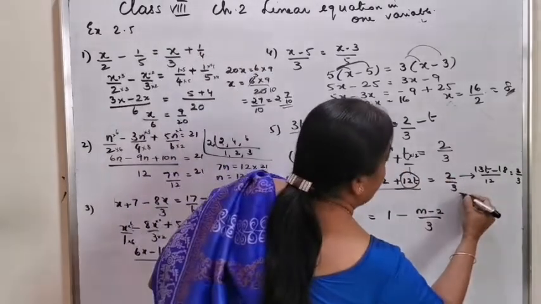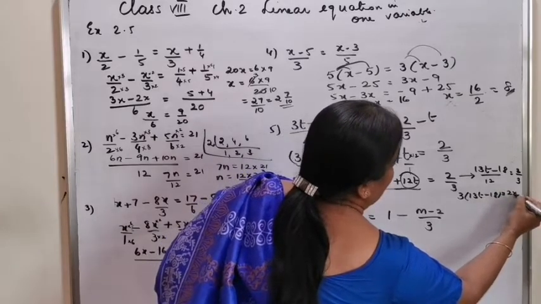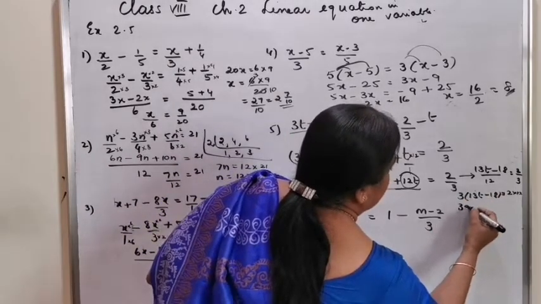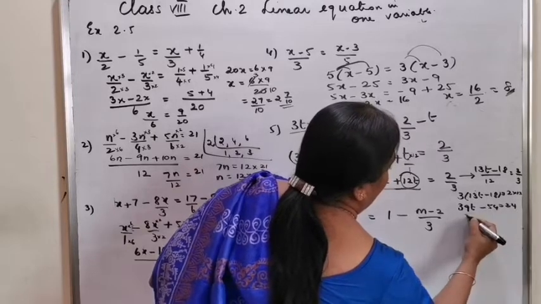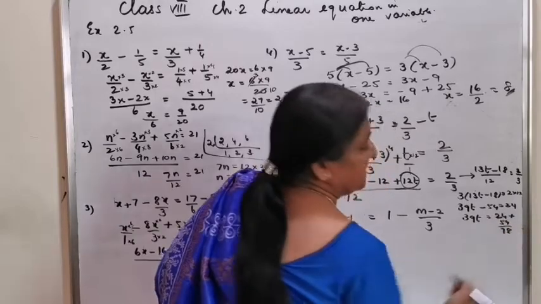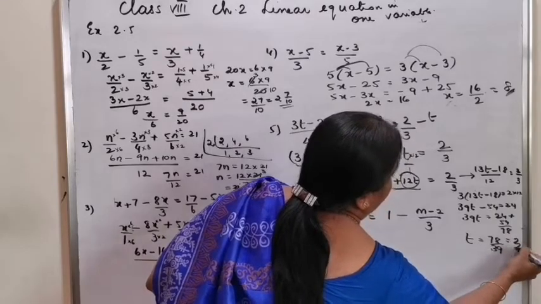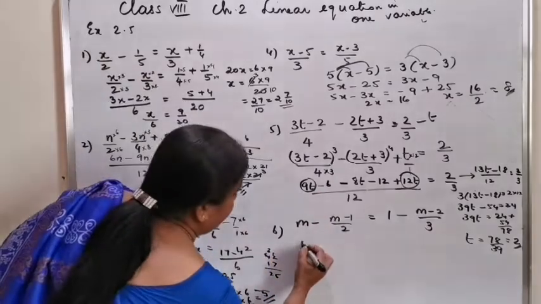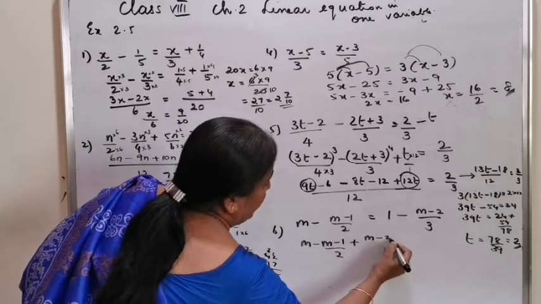Again cross multiply. 3 into 13t minus 18 is equal to 2 into 12. 3 into 13 is 39t minus 54 is equal to 24. 39t is equal to 24 plus 54, which is 78, or the value of t is 78 by 39, which is equal to 2.